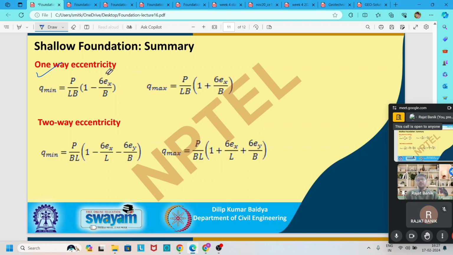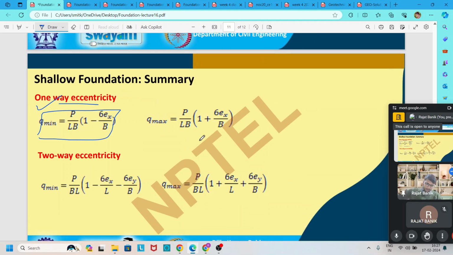If one-way eccentricity is present, our minimum and maximum pressure below the foundation is P by L B, where L is the length, B is the width, and P is the load coming from the column structure through the column, into 1 plus minus 6e by B. e is the eccentricity, B is the width of the foundation.